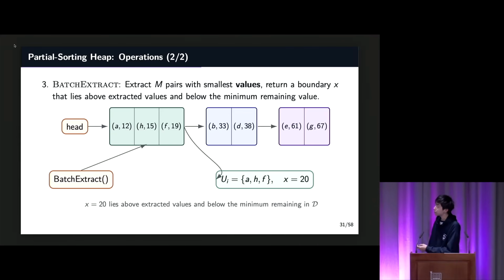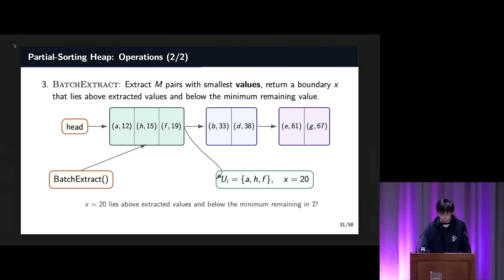And we also need to return a boundary that lies above the extracted values and below the minimum remaining value. In terms of how to calculate this boundary, we can just compute some number that is slightly bigger than the maximum value we remove. For example, here, 20 is just slightly bigger than the maximum value, which is 19, and it's below the minimum value that remains in D.